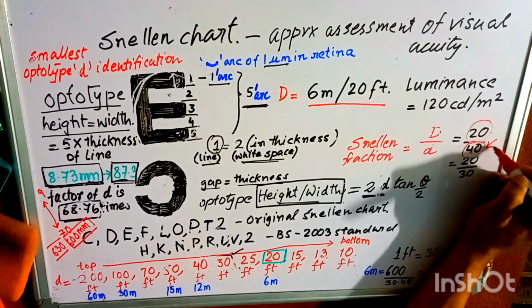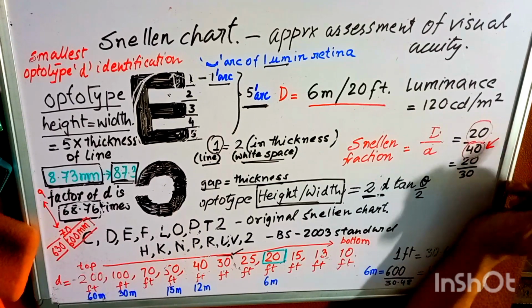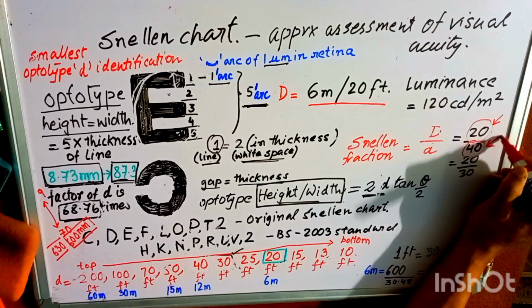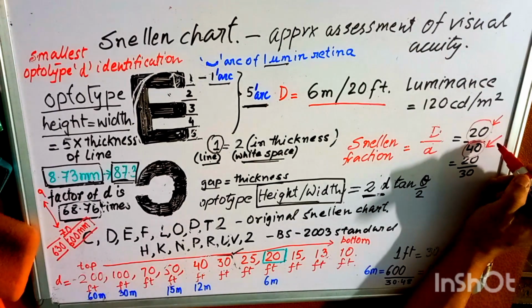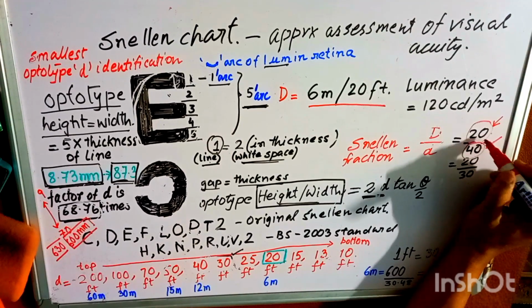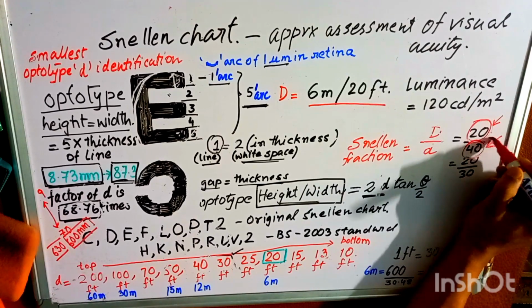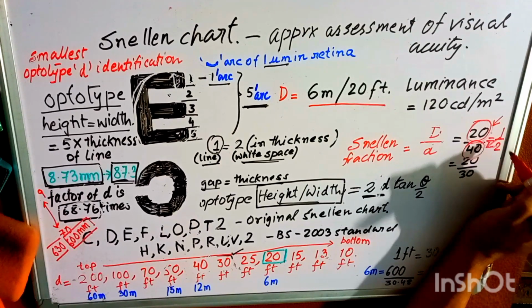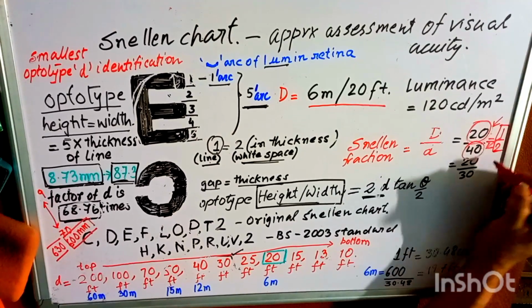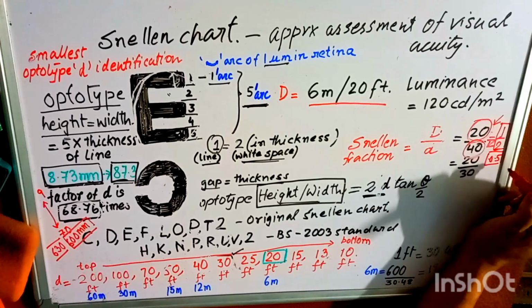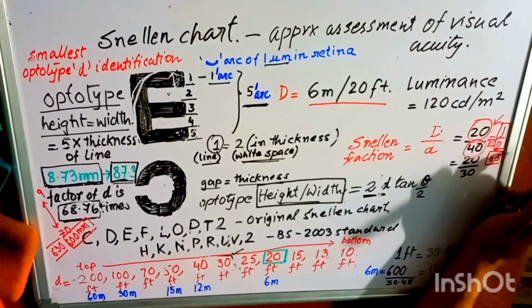The 40 says he should read this fourth line from a 40 foot distance, but he is sitting at 20 feet and still cannot read it. So his vision is 1 by 2, which is 0.5, meaning his visual acuity is only half that of a normal eye.